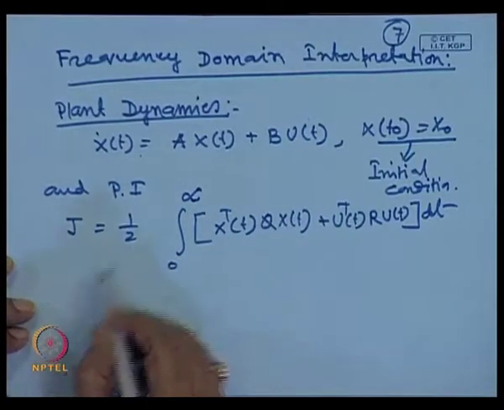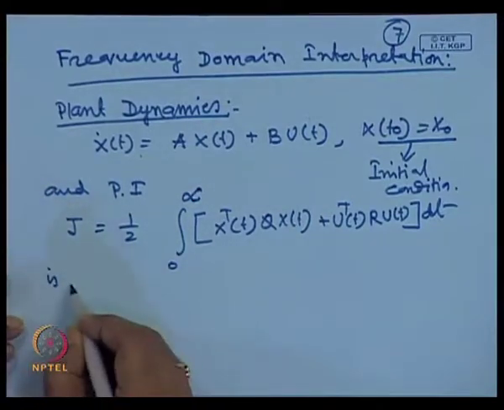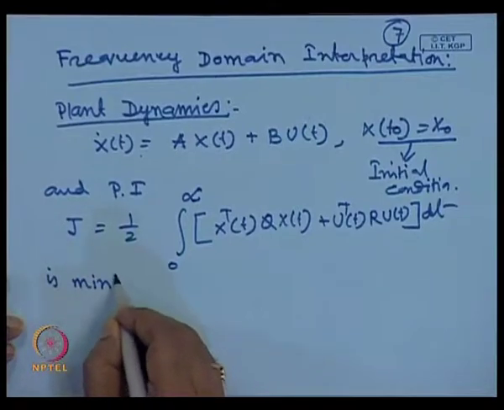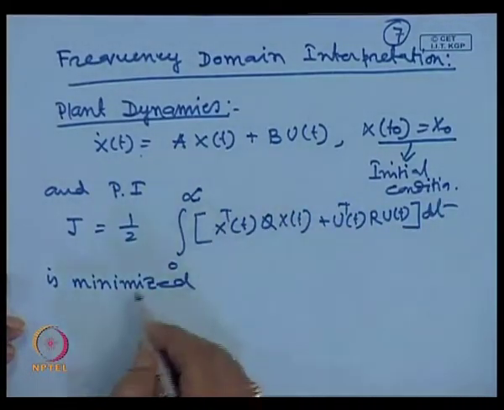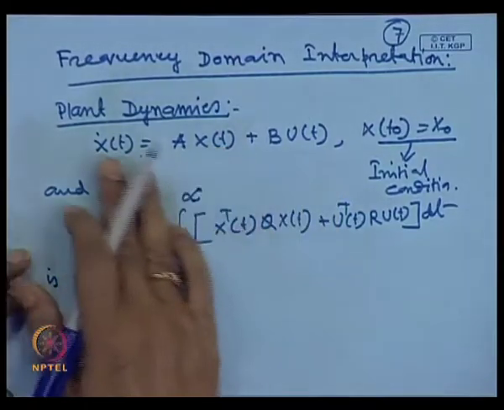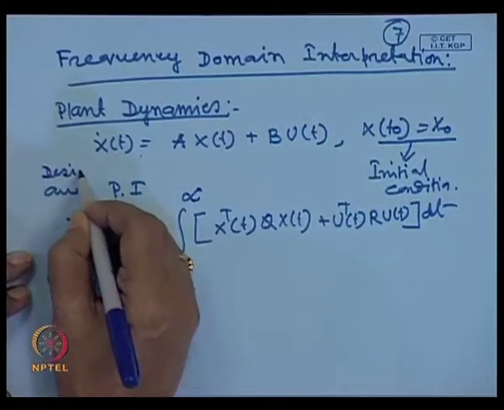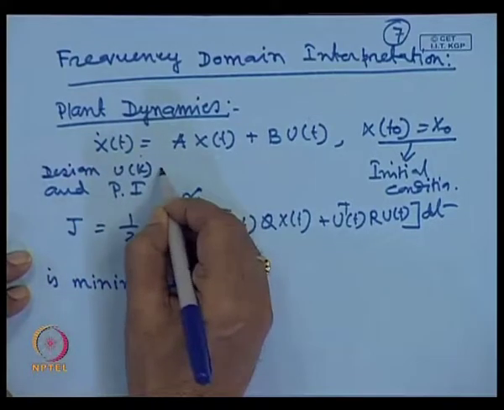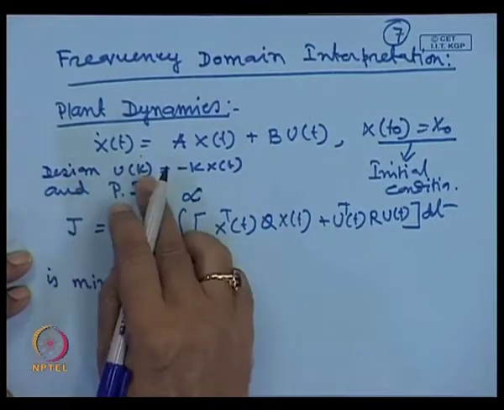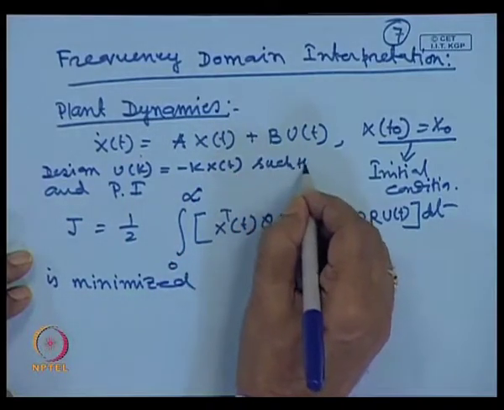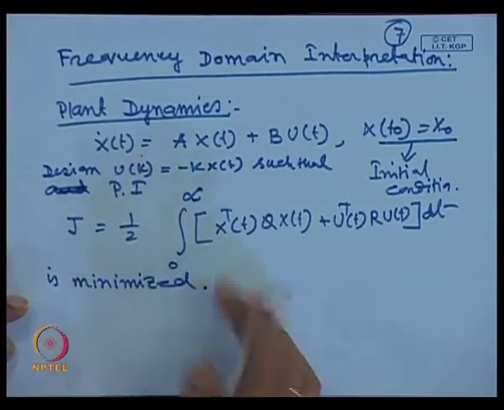So, the problem statement is, given the plant, design a controller u of t equal to minus K x of t, assuming all the states are available, such that the performance index is minimized. Agree? Before that we have to make some assumptions.